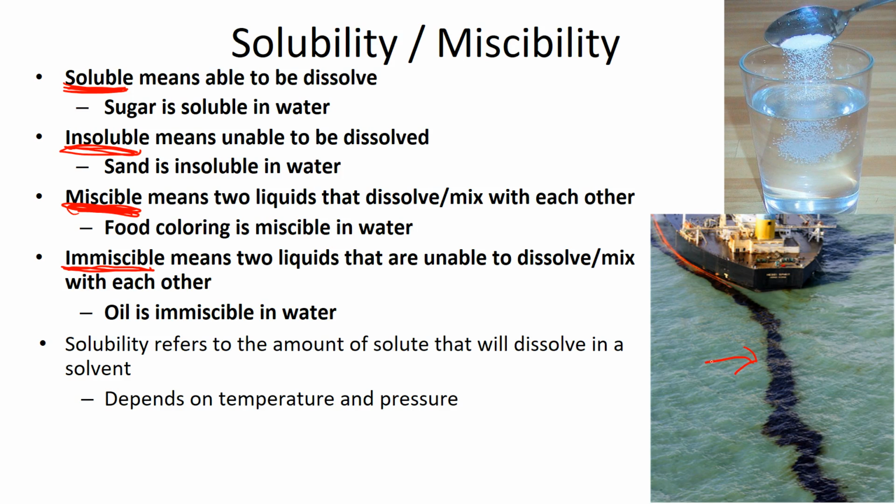So if you look at this picture over here, you can see the oil from the tanker truck or the tanker ship, okay, that's been leaking, okay, and when fish go through that, there's no oxygen because water and oil do not mix. And so instead of their gills breathing in water that has oxygen for them, they breathe in that oil and it causes them to die, which is why there's so many problems with oil spills in the ecosystem.